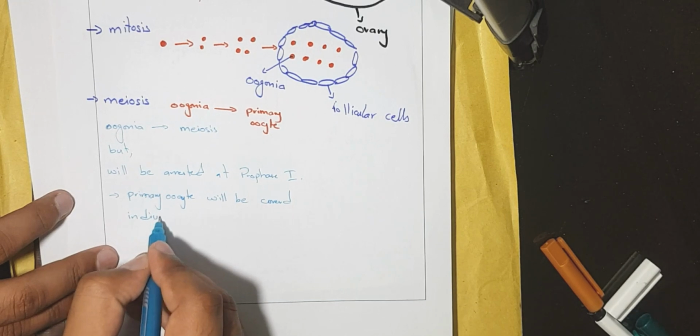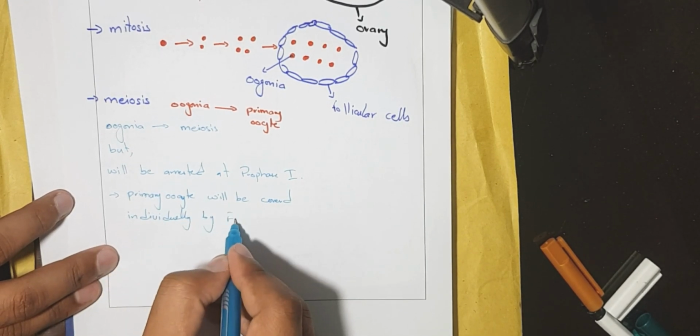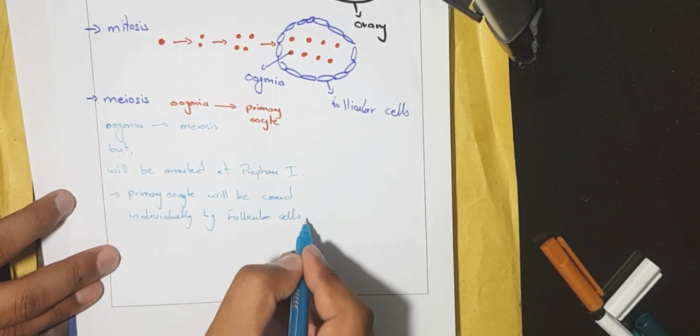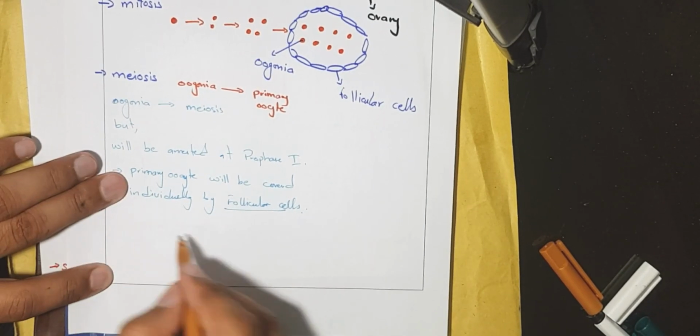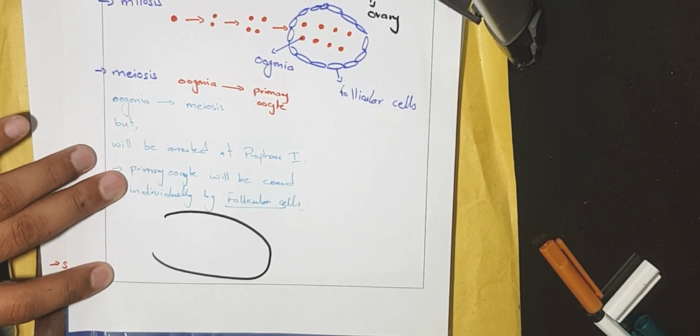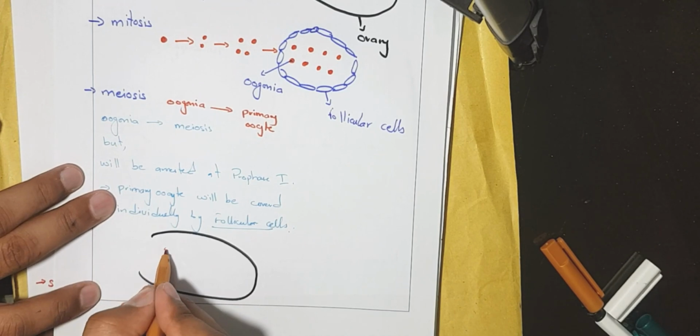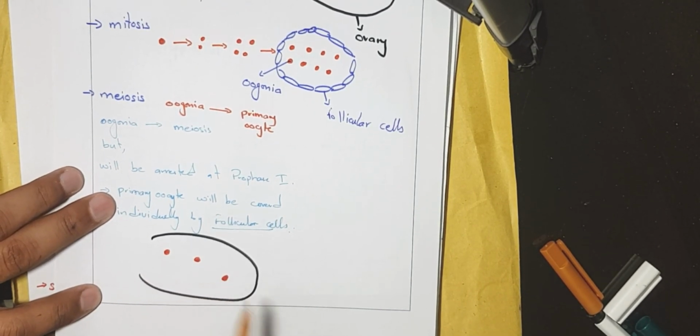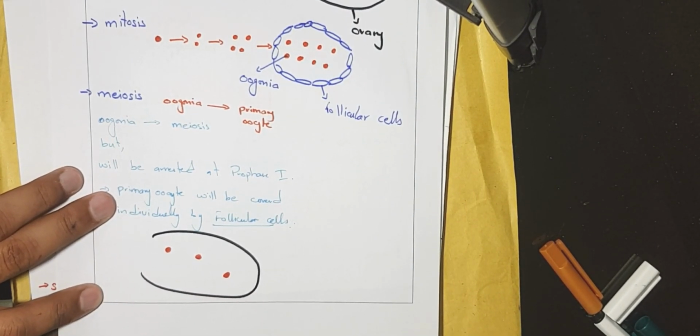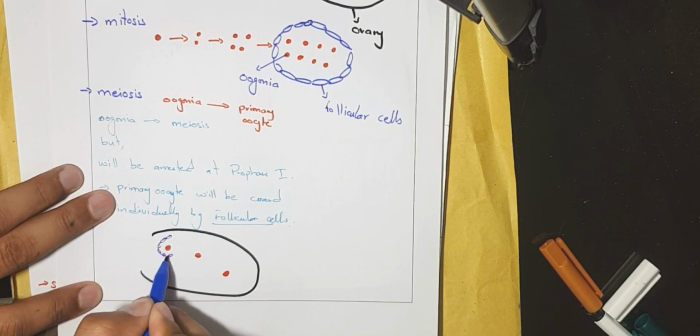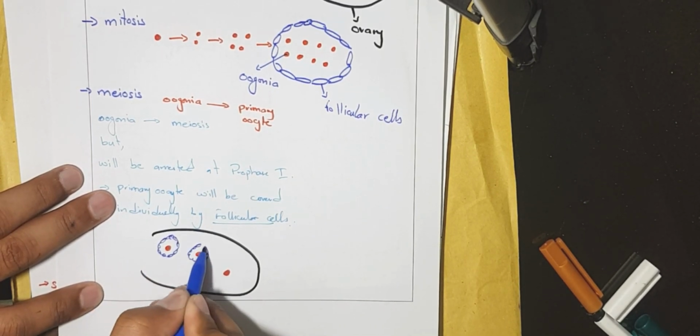They will be arrested at prophase 1, as we know. Before that we studied that these oogonia were collectively being surrounded by the follicular cells, but now these primary oocytes will be encircled individually by the follicular cells.